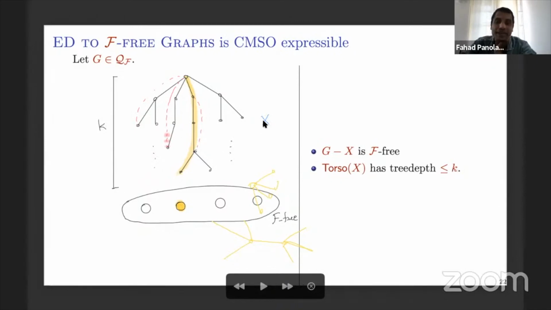What is the torso of X? X is the set of vertices here. The torso of X is a graph on vertex set X, and the edges are defined as follows.